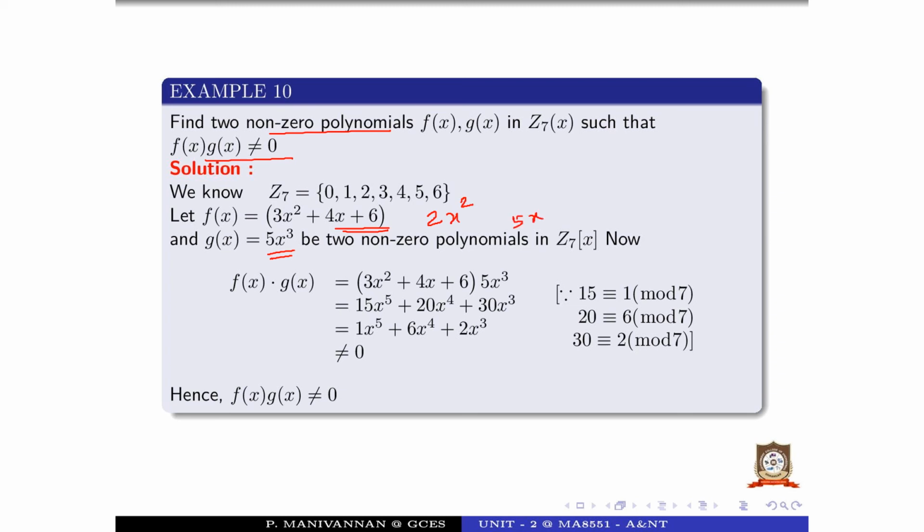Then multiplying these two, 10x cubed, which is not equal to 0. Why? 10 mod 7 is 3, so the product 10x cubed is equal to 3x cubed, which is not equal to 0. It is also another example for the given question.